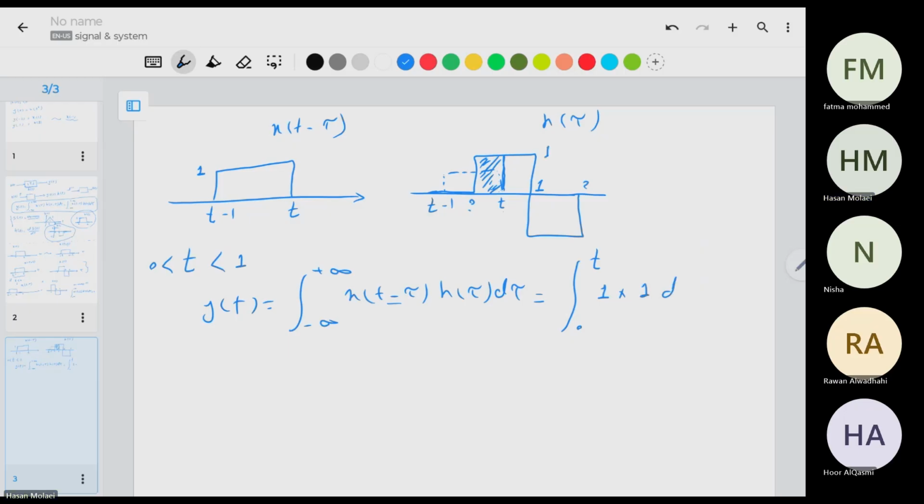Again 1. D tau, which means tau from 0 to t, and y(t) should be t. You can find it from this area, yeah? That's a rectangle. This side is 1, this side is t. Its area is their multiplication.